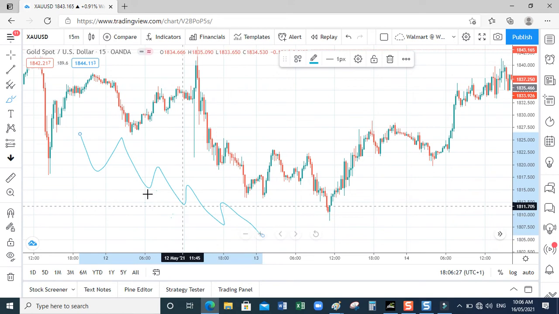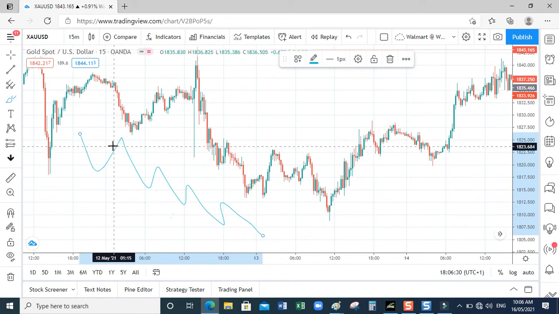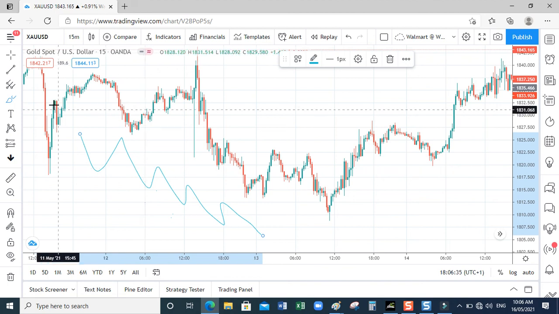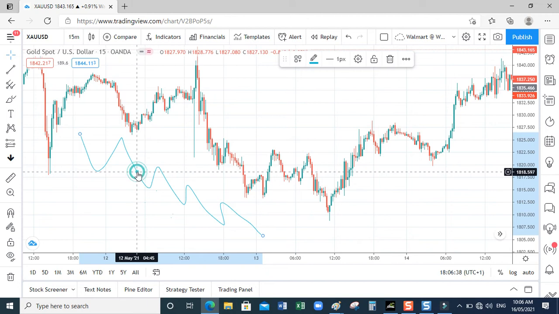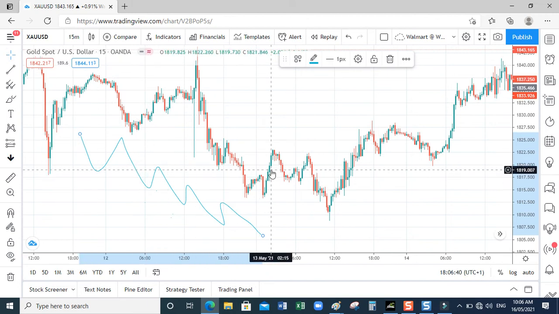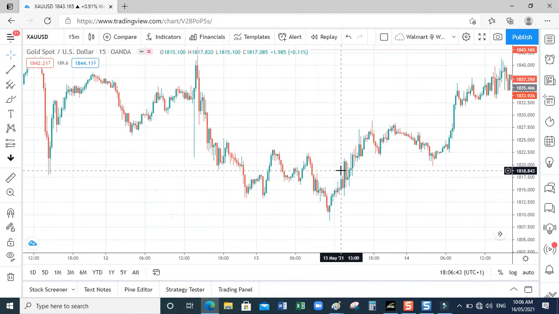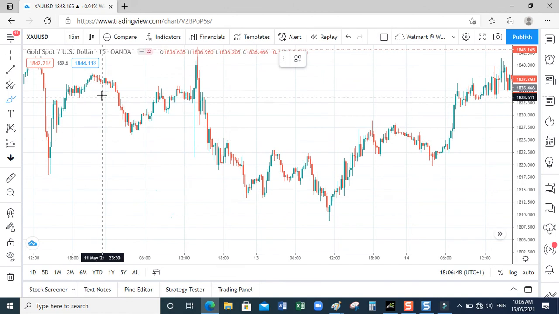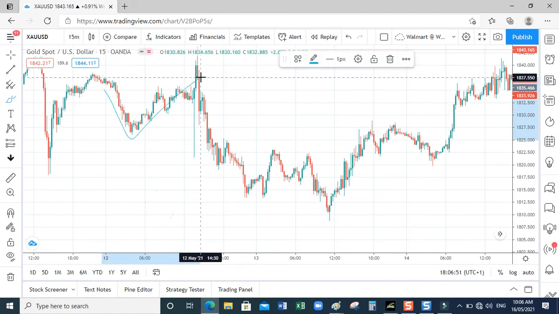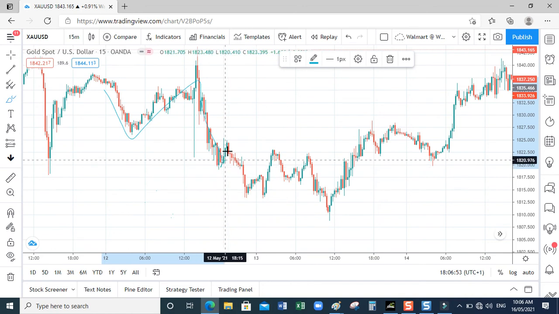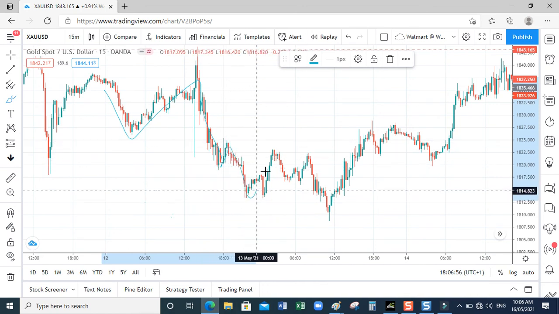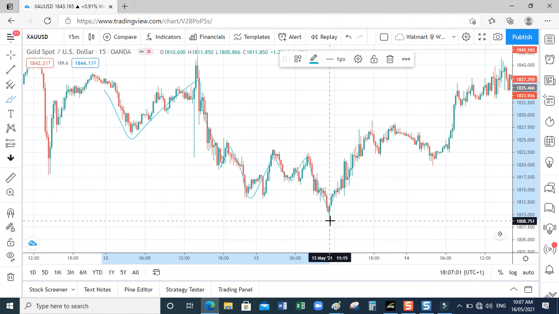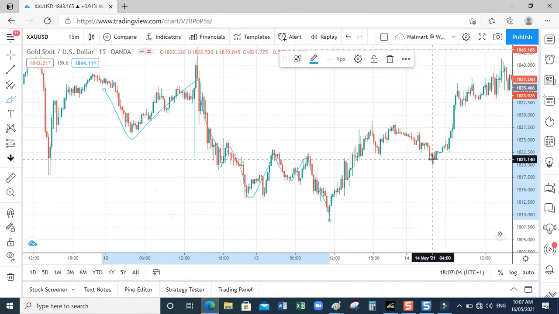Those retracement levels where price waves in and waves out are where we use our Fibonacci to detect at what particular segment the price will wave in and wave out. Price moves upward, moves down, retraces up, moves here, until finally we have the reversal here.